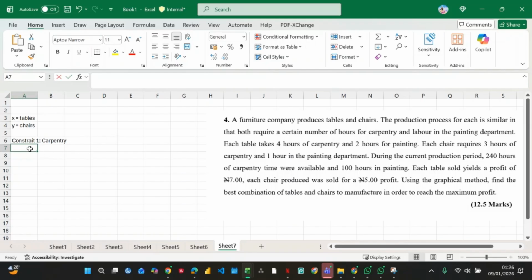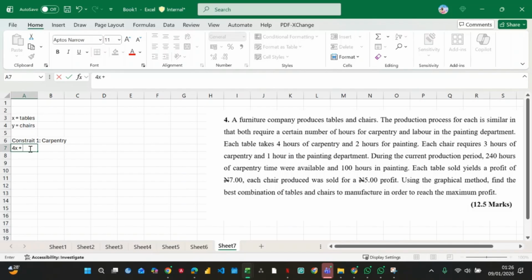So let's move on. Here we now have 4x. 4x is for the table, the 4 hours for carpentry. Plus 3 hours for chairs.